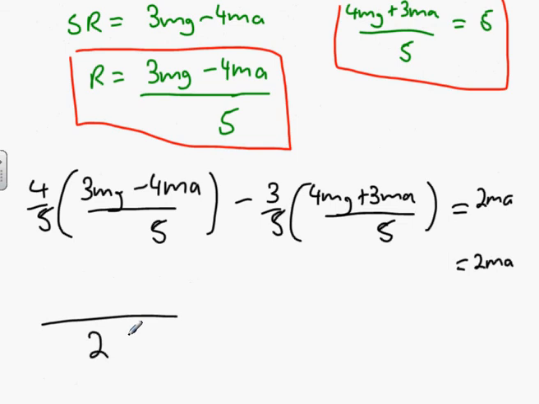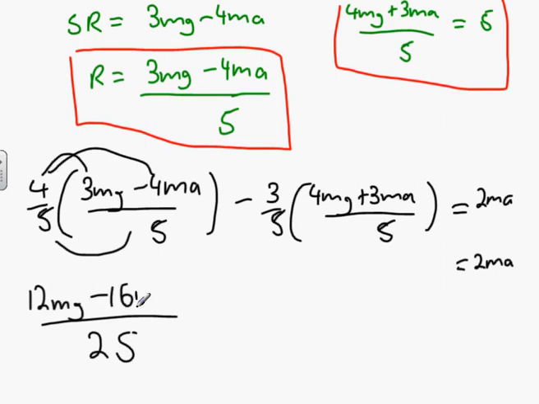25 on the bottom anyway, right? We'll just do it this way. 25 on the bottom, divided by the 5, 4 by the 3, 12mg, 4 by the minus 4, minus 16ma, minus something over 25.